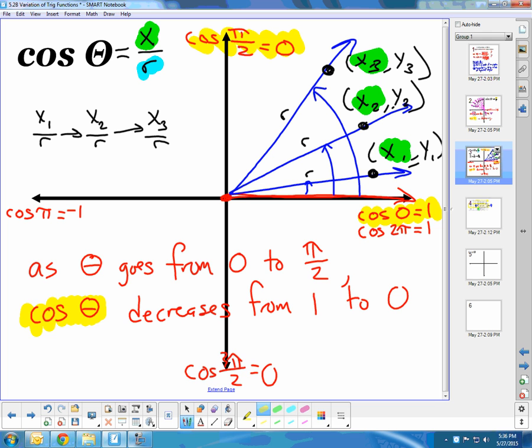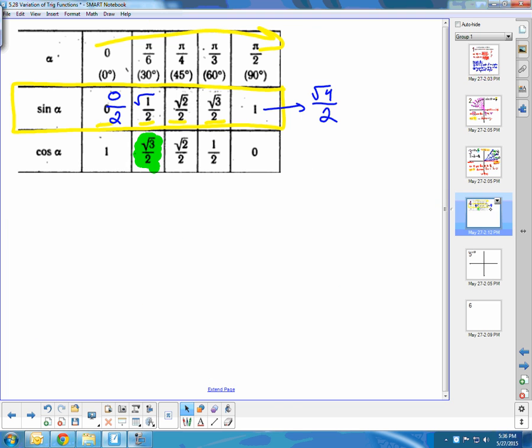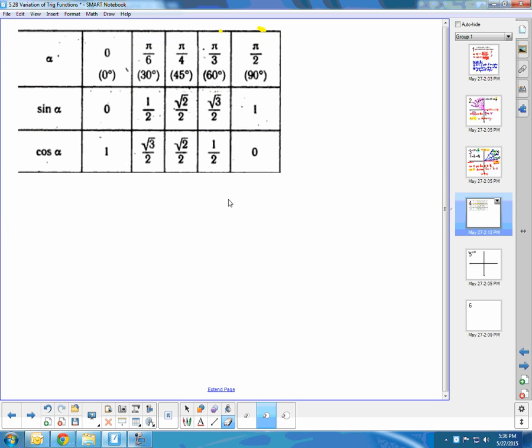Now I can use this idea to not just understand how the cosine function works, but I also can use it to help me remember some of my important values of the cosine function, our special angles, our 30, 45, and 60 degree angles, pi over 6, pi over 4, and pi over 3 radians. And so if I look at the first and third rows of this particular chart here, I can see that I've got thetas that are increasing.